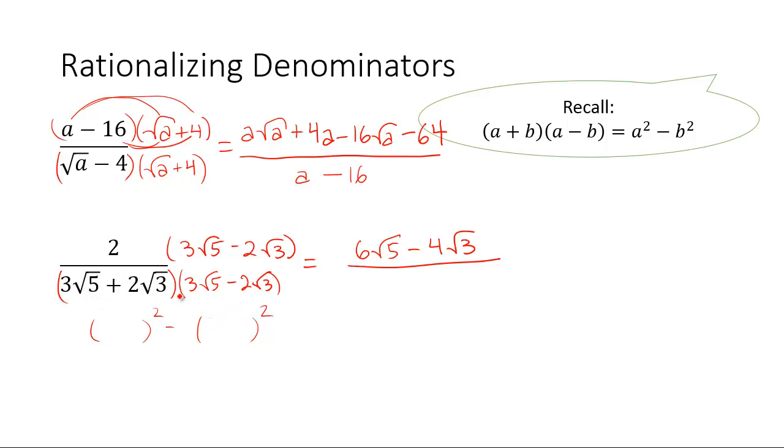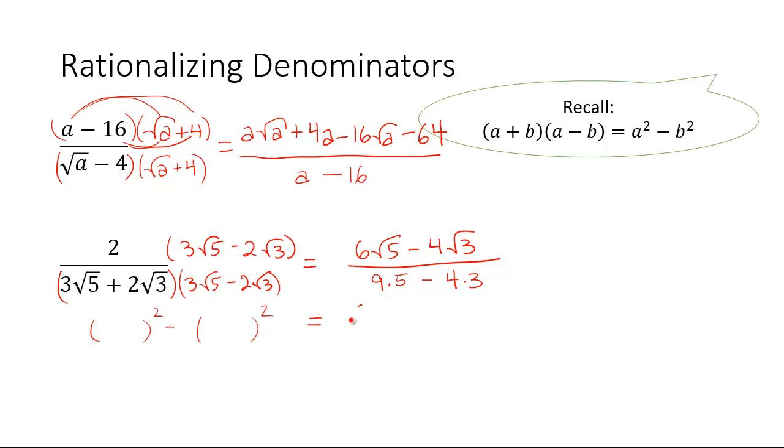So that'll mean we're squaring the 3, which is 9, times squaring the root 5, which is just a 5, minus squaring the 2, which is a 4, times squaring the root 3, which is just a 3. So be careful with them having roots or not roots.